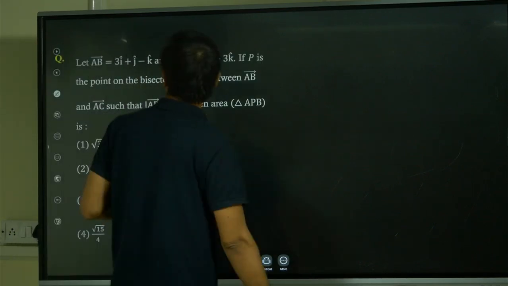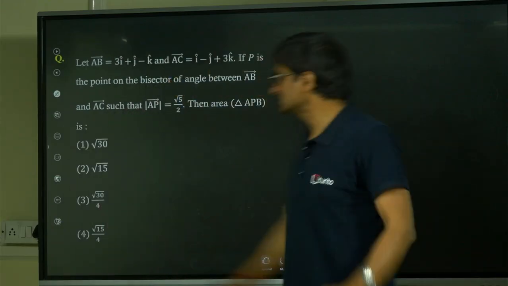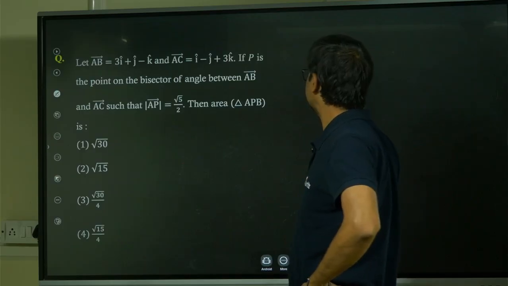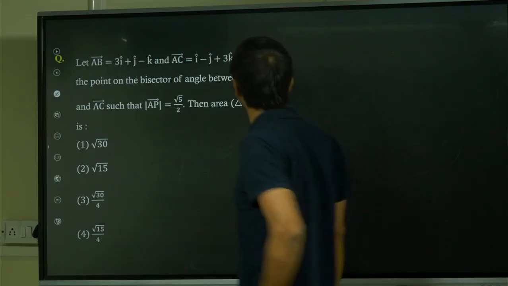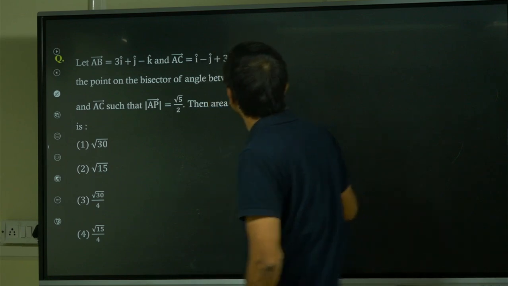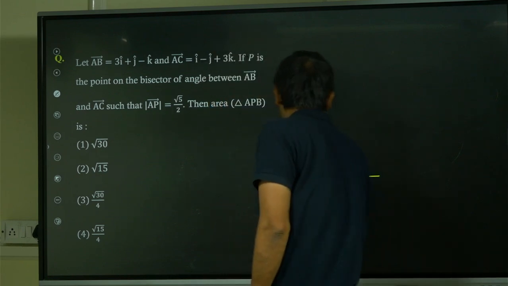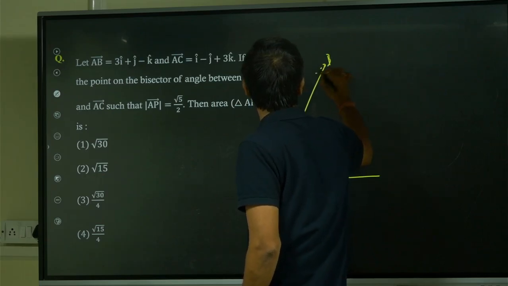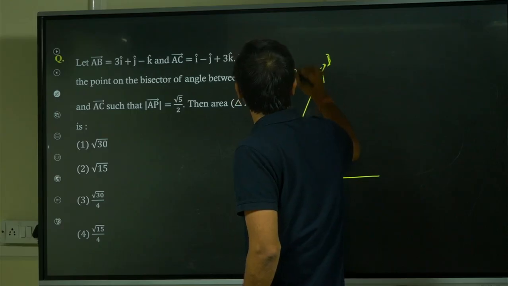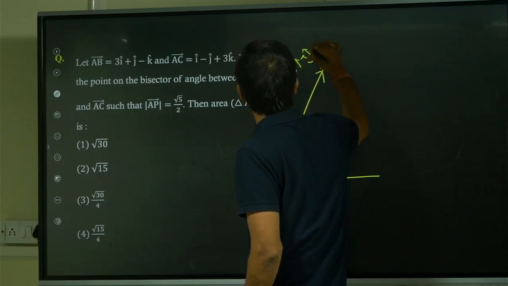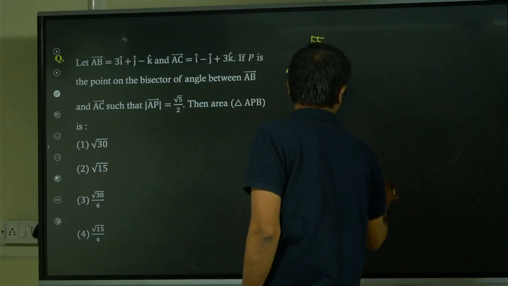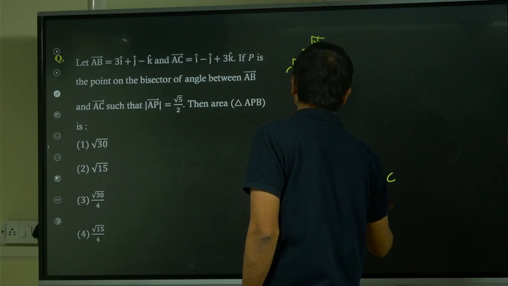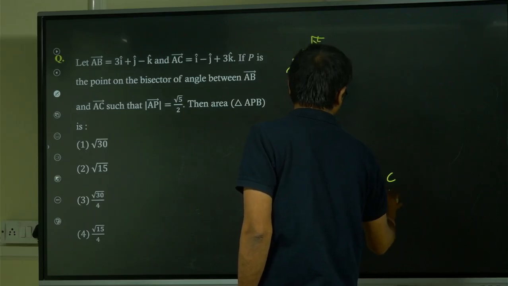Moving to the next one, a question of vectors. Let vector AB be 3i cap plus j cap minus k cap, and vector AC be i cap minus j cap plus 3k cap. Let's say for me this is A, the origin, this is B, and AB is 3i cap plus j cap minus k cap, AC is i cap minus j cap plus 3k cap.